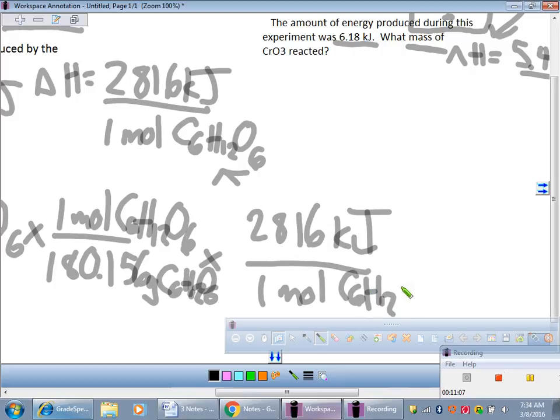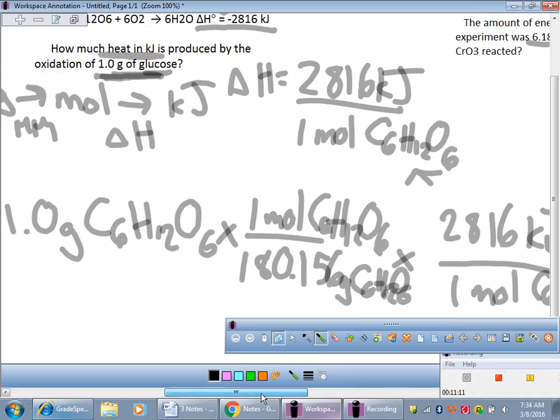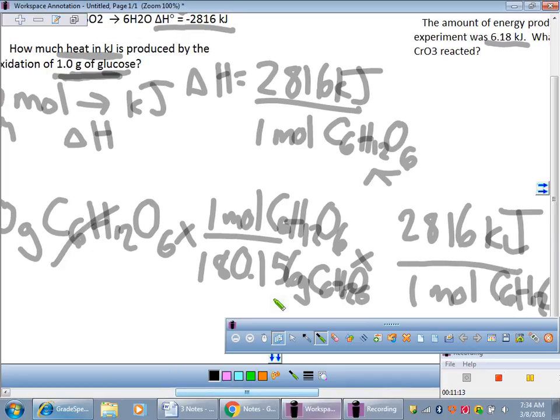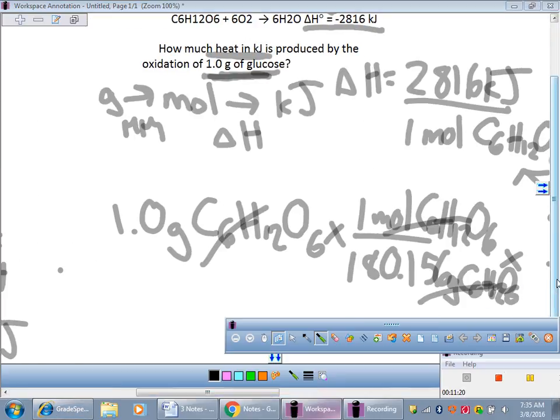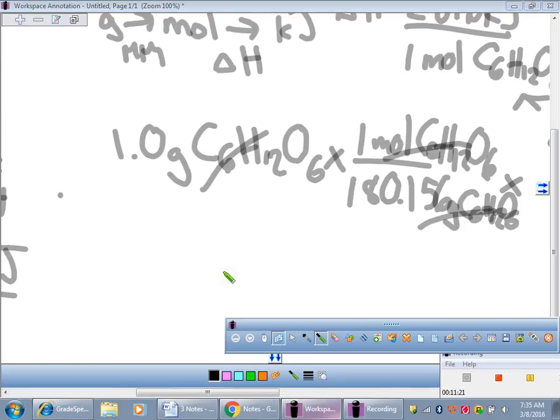So again, if you follow the units, you know which way you're going. Alright, so let's take a look at this. So grams cancels out, moles cancels out, we're left with kilojoules, so we're good with our dimensional analysis, we just have to solve. And so the answer, again, 266 for this one, is going to be 16 kilojoules.